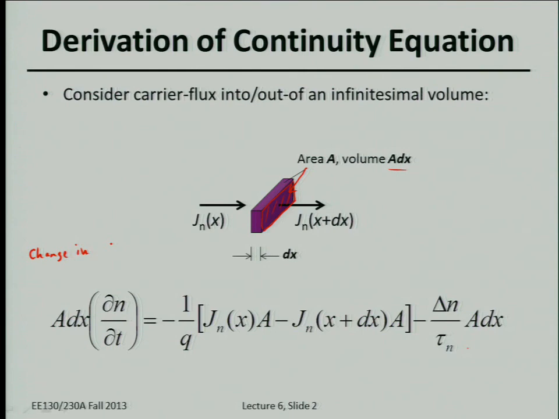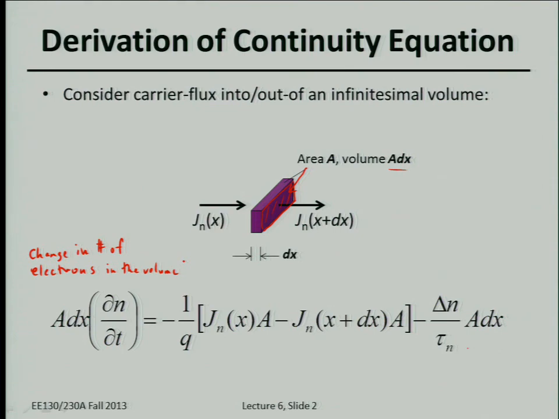Okay, so this is carrier concentration and electron concentration, but we multiply by the volume. So, right, so it's change in number of electrons within a unit time. So this is inside the volume. Okay, great. Okay, that's correct.